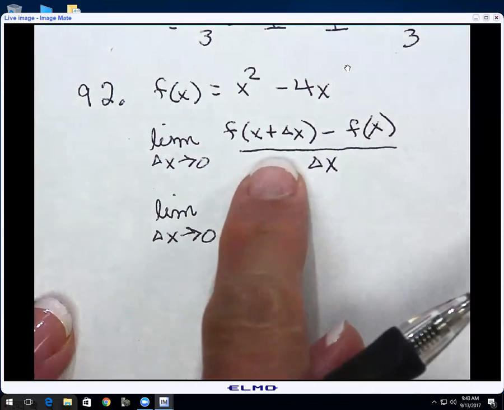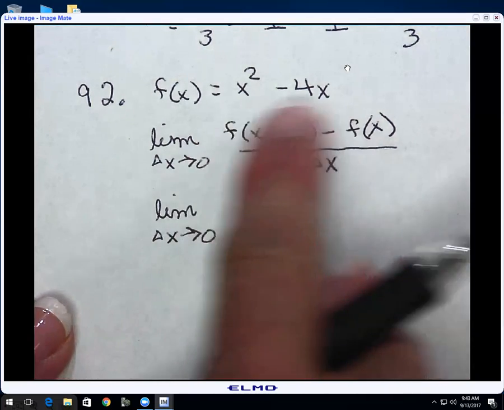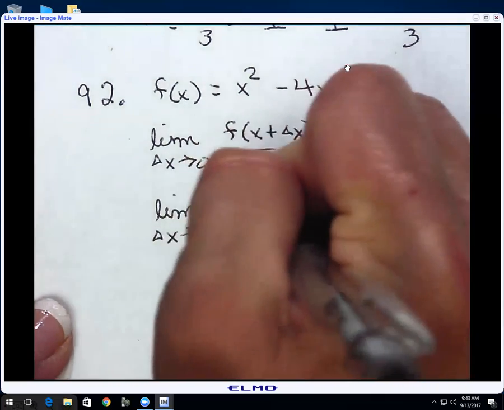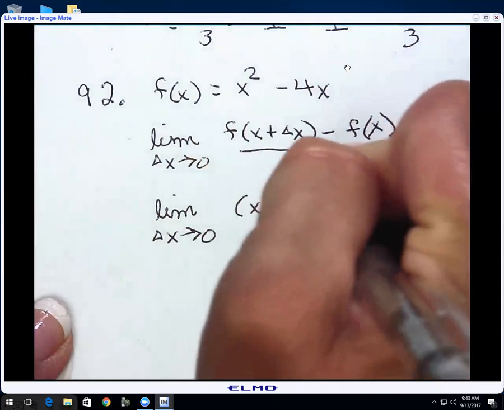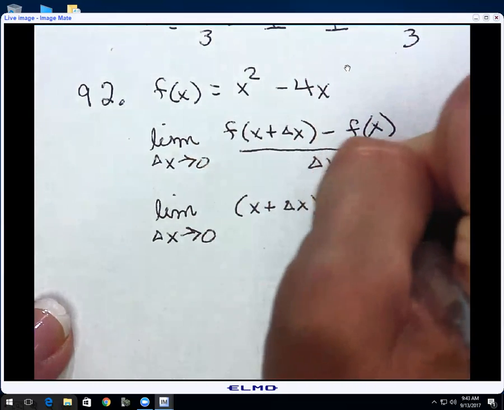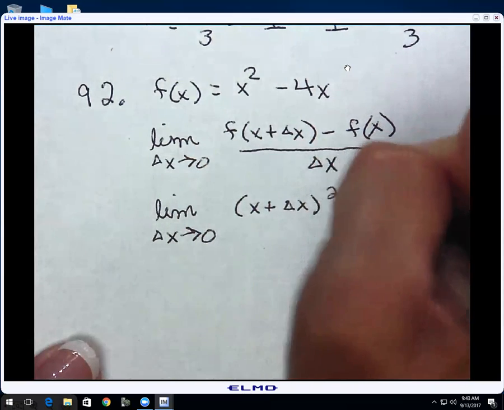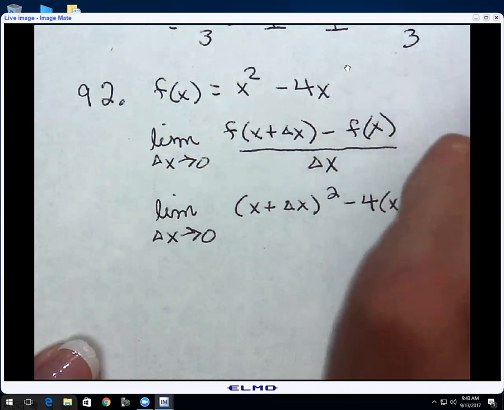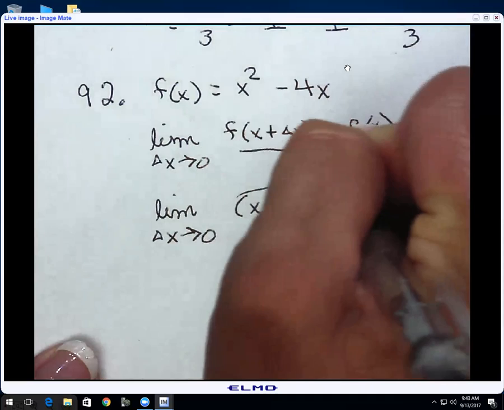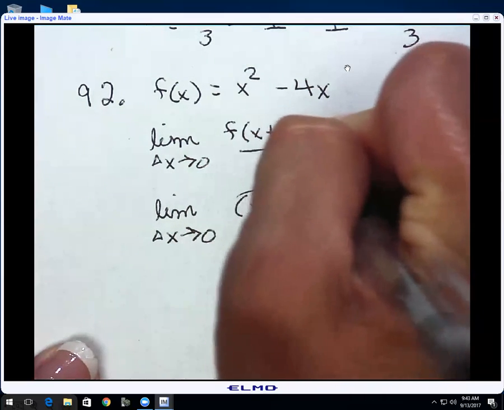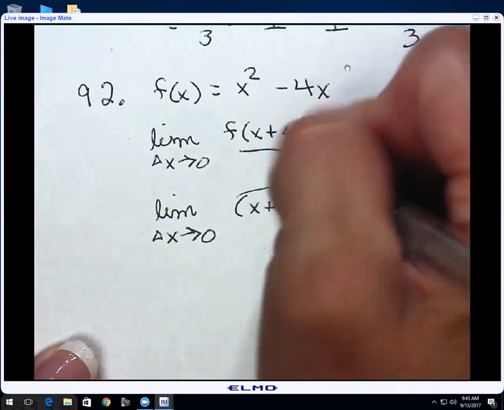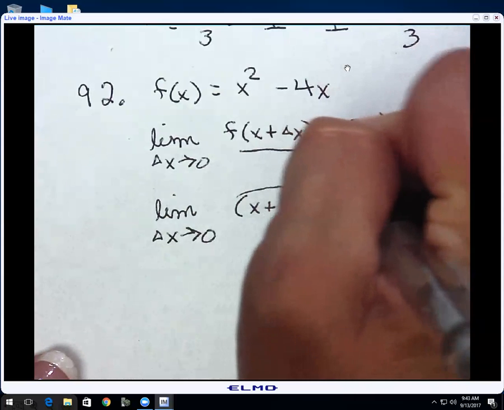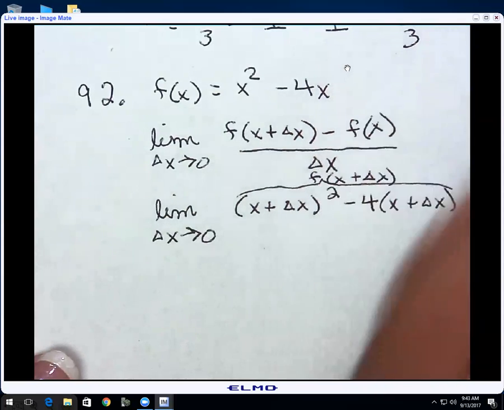I'm putting x plus delta x in place of both of those x's in the function. X plus delta x squared minus 4 times x plus delta x. That much is f, I meant to leave room there and I forgot. That's f of x plus delta x.